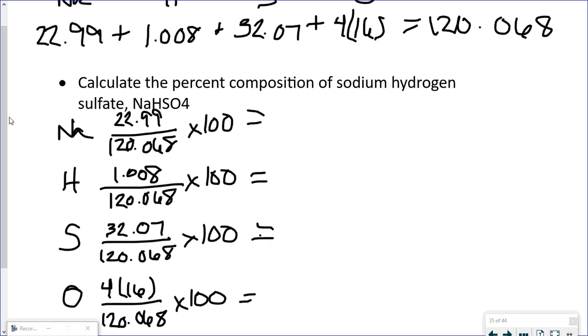So for sodium, 22.99 divided by 120.068 times 100 to make it a percent. And remember that since we were not given numbers to reference for sig figs, they do not matter in this situation. I normally go to 1 decimal point. So this is going to be 19.1% sodium.